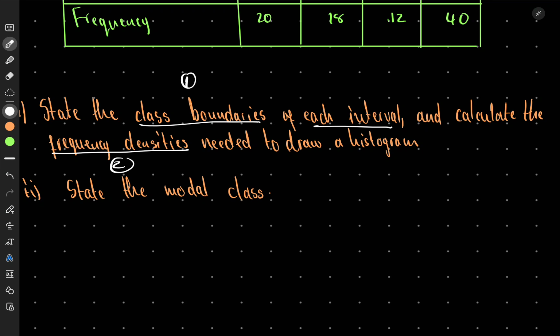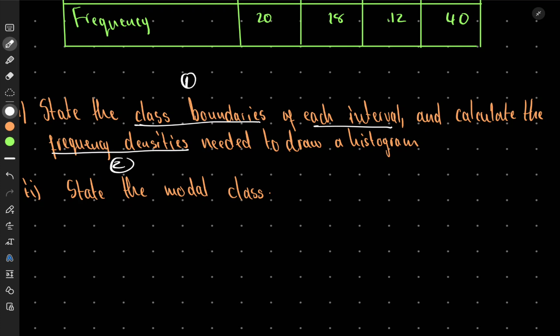When we say boundaries, we are saying interval ends. The interval width is the width from one boundary to another. So boundaries make an interval. They want the class boundaries, which means the ends of the intervals, and the frequency density.